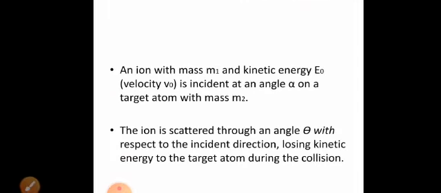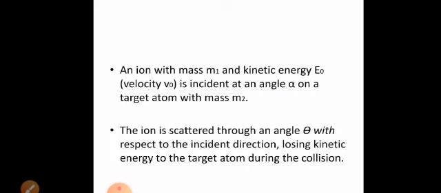Now the velocity of the incident ion is V0, and let it make an angle alpha on the target atom with mass m2. Here we are not considering that angle alpha. The ion is scattered through an angle theta with respect to the incident direction, losing some of its kinetic energy to the target atom.